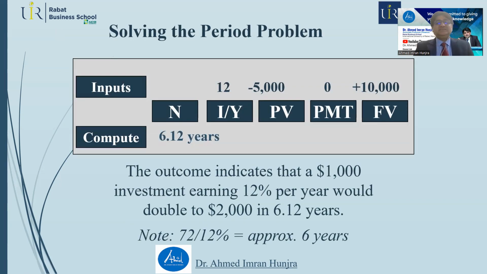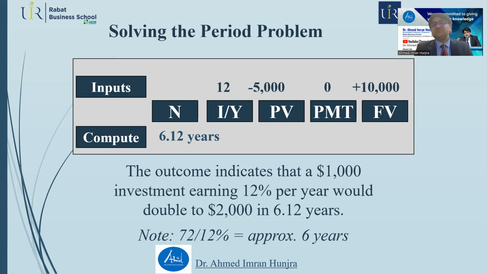So in this example, our basic investment is 5,000, and we want to double it. Double is 10,000, and the rate of return is 12%. To find the number of time periods, we can apply the rule of 72.